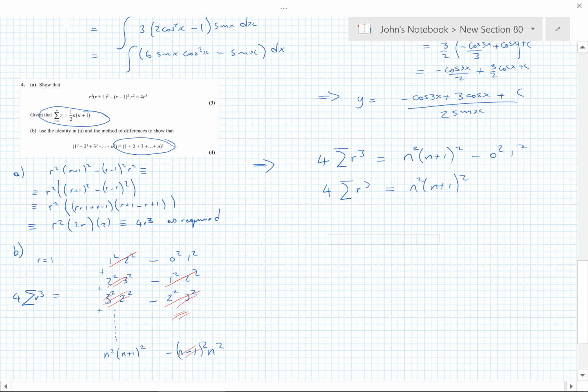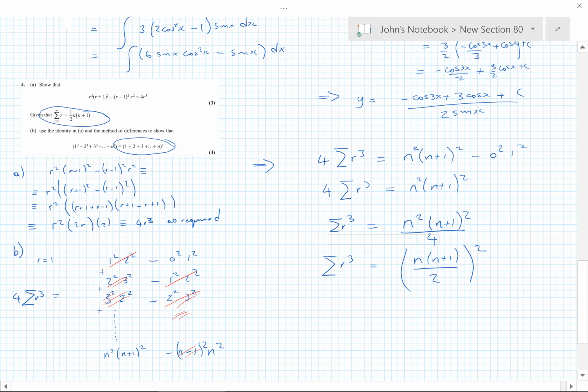So that means that 4 sigma r cubed, let's write it like this, is equal to n squared n plus 1 squared over 4. So we have sigma r cubed is equal to n bracket n plus 1 over 2 squared.